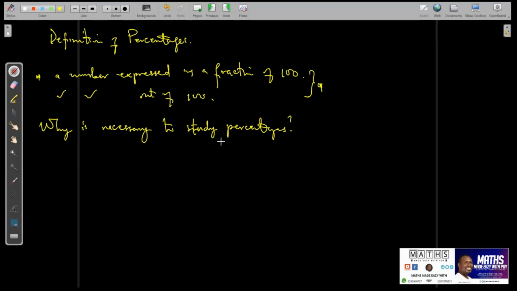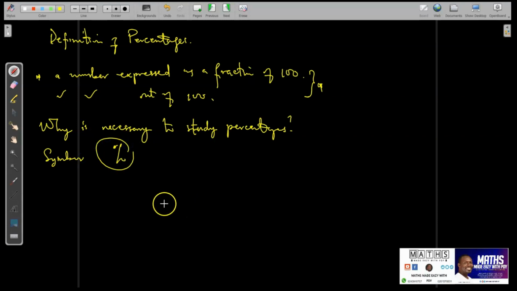So that is the whole idea of percentages: just writing a fraction out of 100, or dividing a quantity into 100 parts and then taking a fraction of it. Therefore, the symbol for percentage is the sign here.